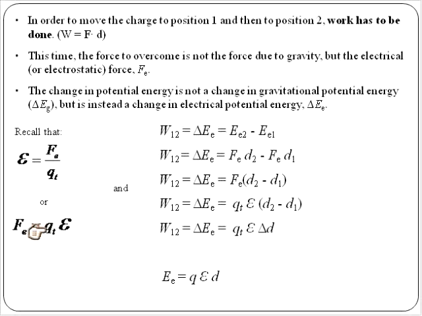So we replace the F with Q times E, and we get QE (D2 minus D1), or QE delta D, just like we had mg delta h for the gravitational field. It's a very, very similar idea.